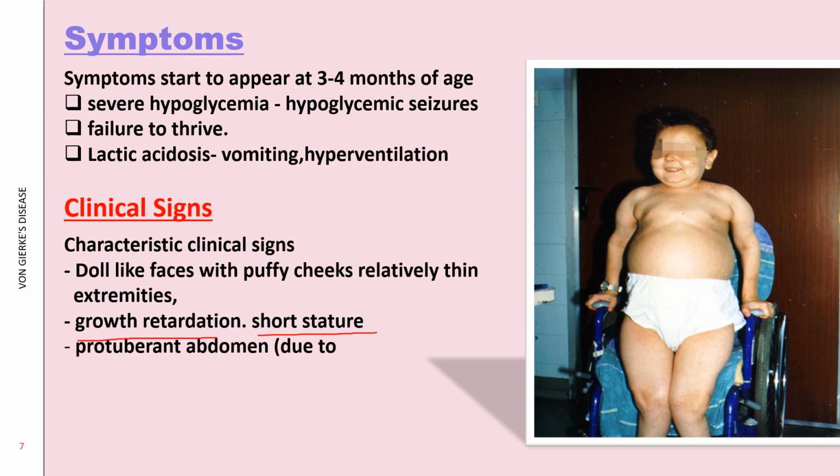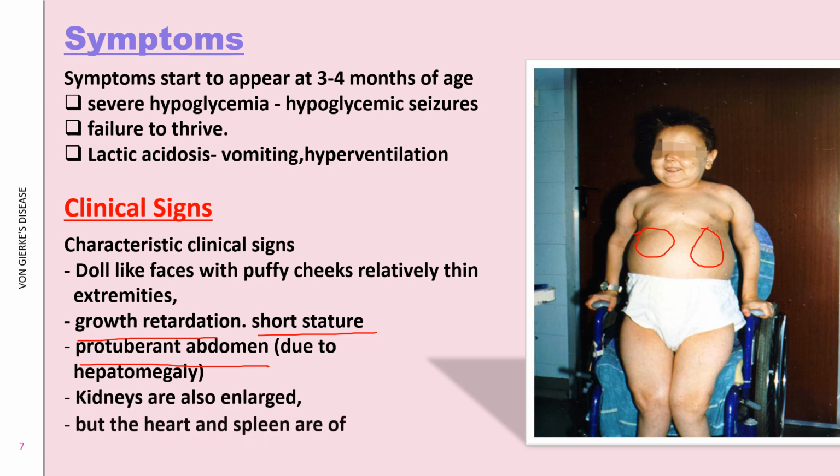Also, they have protuberant abdomen due to reno and hepatomegaly, but the heart and spleen are of normal size.